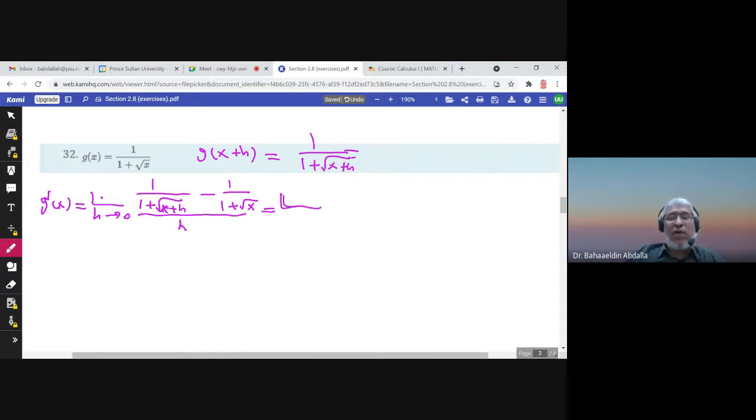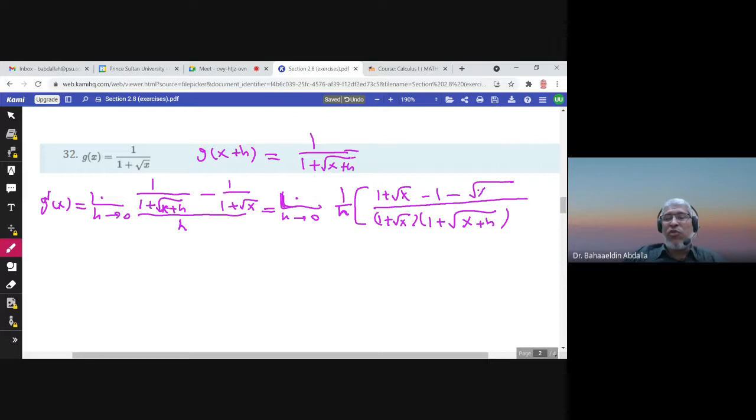So to have a nice fraction, I take 1 over h outside, and I subtract these two fractions, again using the same method. So I multiply the denominators. And then 1 times 1 plus square root of x, minus 1 times this, so minus 1 minus 1 times square root of x plus h.